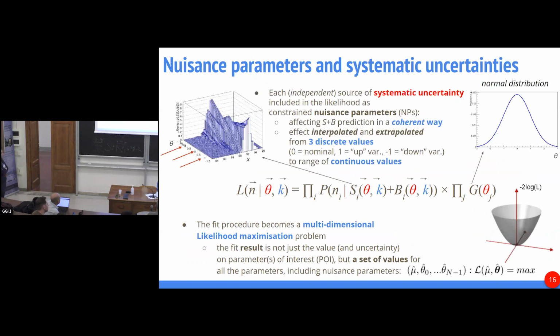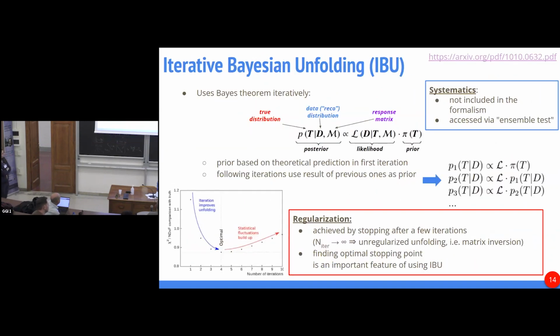Instead, in what we call iterative Bayesian unfolding, the difference is that you don't use the maximum likelihood principle, but you just update your information based on the data and some prior, and you do it iteratively. So you have some prior, which depends on your nominal distribution for the truth distribution.